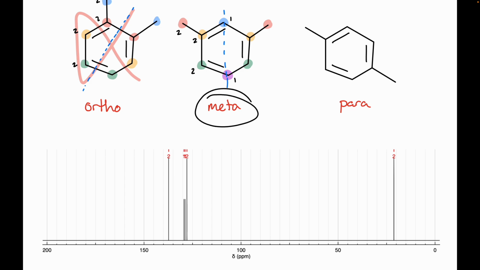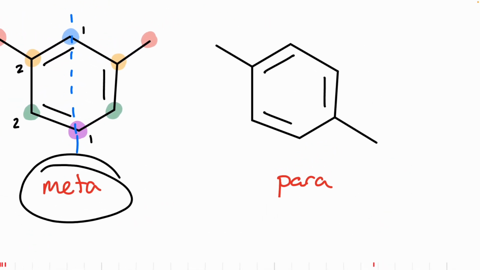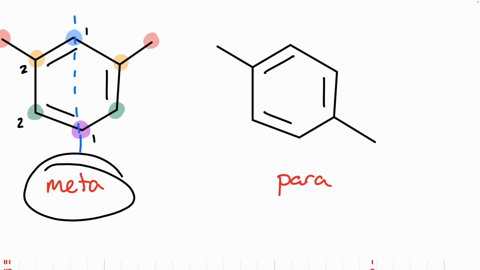Okay. Just to be clear, the para one is probably the most difficult in order to find the number of chemically distinct groups. Do I have any planes of symmetry? Yeah, I don't have just one though. I actually have 2 planes of symmetry, right? I can cut this thing this way, fold it in half. I can also do the same thing this way.